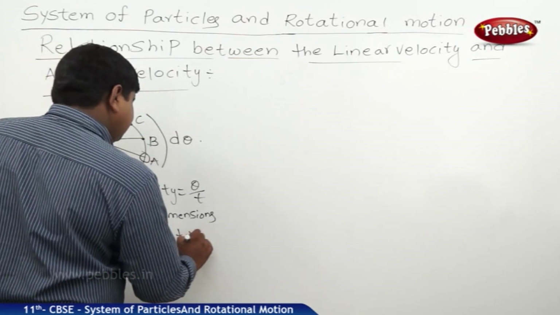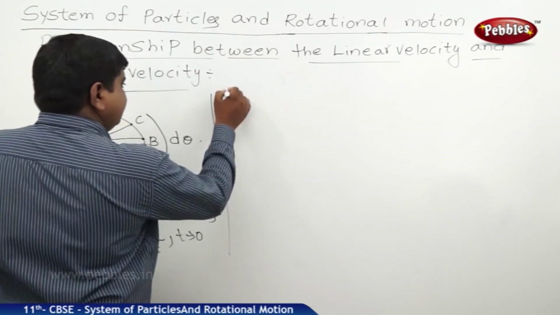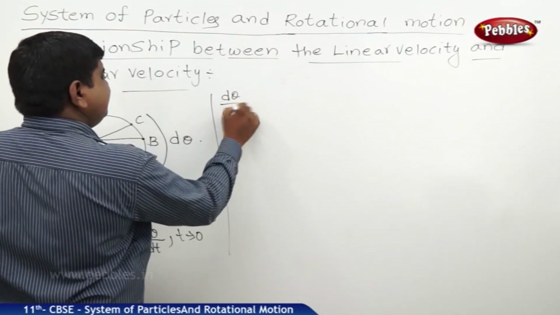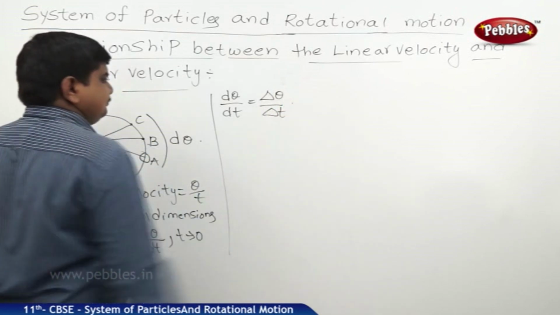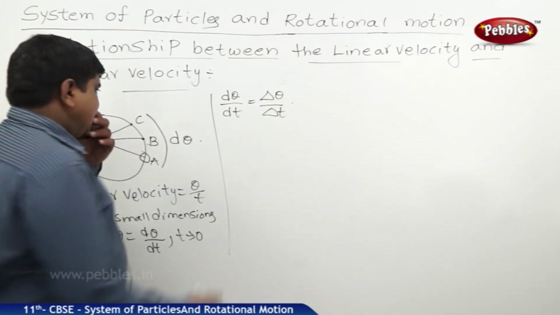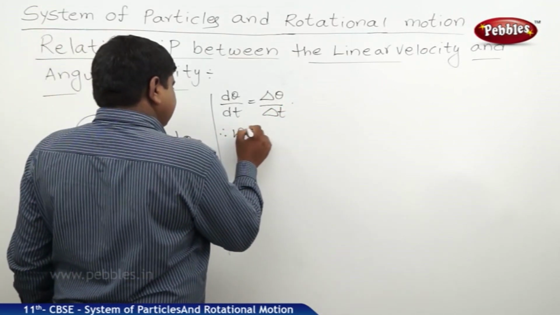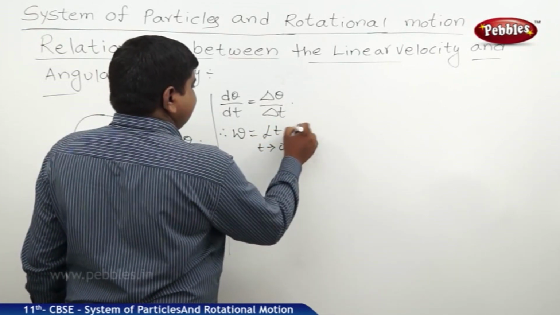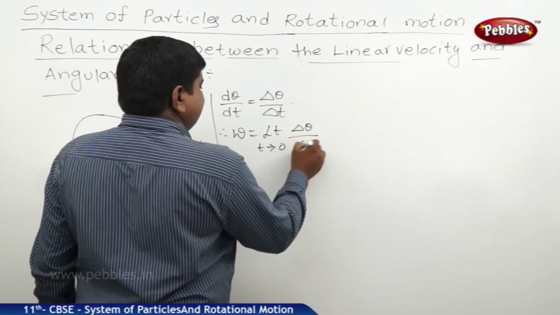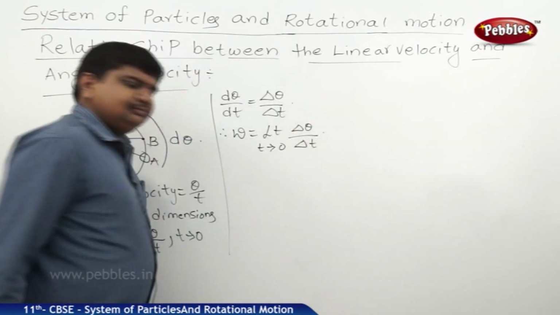If t tends to 0, d theta by dt becomes delta theta by delta t. So omega is equal to limit t tends to 0 of delta theta by delta t. We know this.